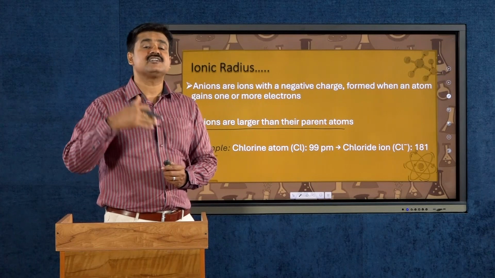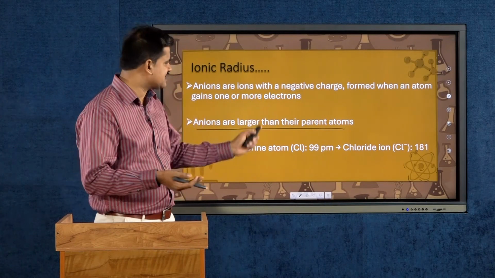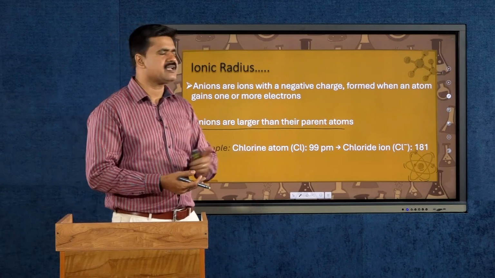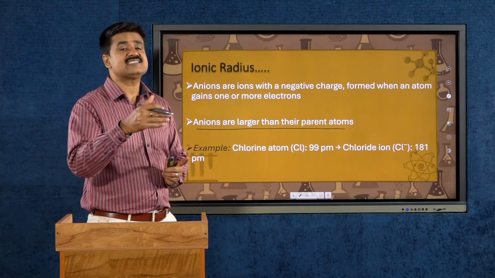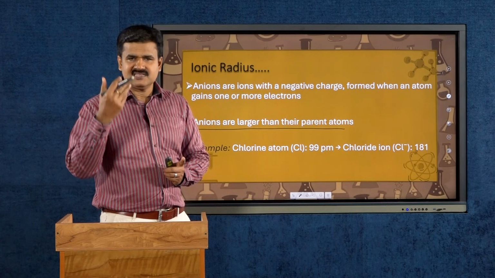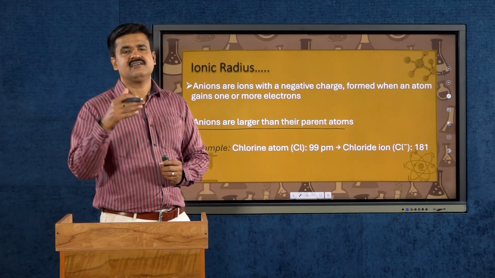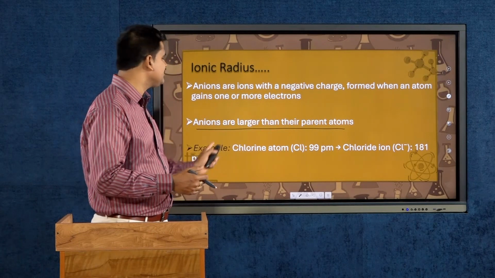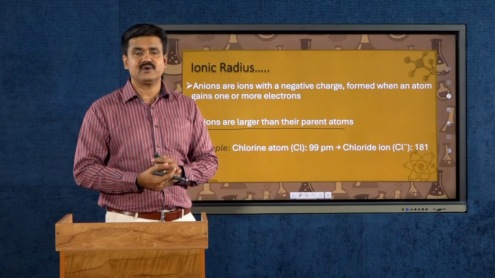When Cl is converted to Cl minus, there is an increase in radius. Chlorine atom has a covalent radius of 99 picometer. When Cl is converted to Cl minus by the addition of one electron, the anionic radius will be 181 picometer. See, there is a drastic increase in the ionic radius.